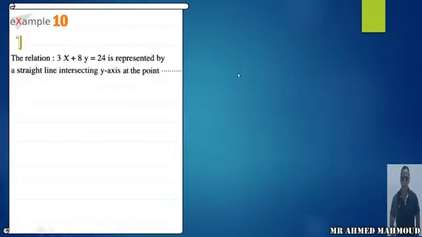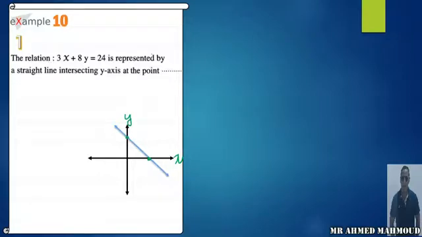In this example, the relation 3x plus 8y equals 24 is represented by a straight line that intersects the y-axis at the point. Before explaining the steps, I need to explain the meaning of intersection with the y-axis or x-axis. For example, this is the x-axis and this is the y-axis. The line intersects the x-axis here and the y-axis here.